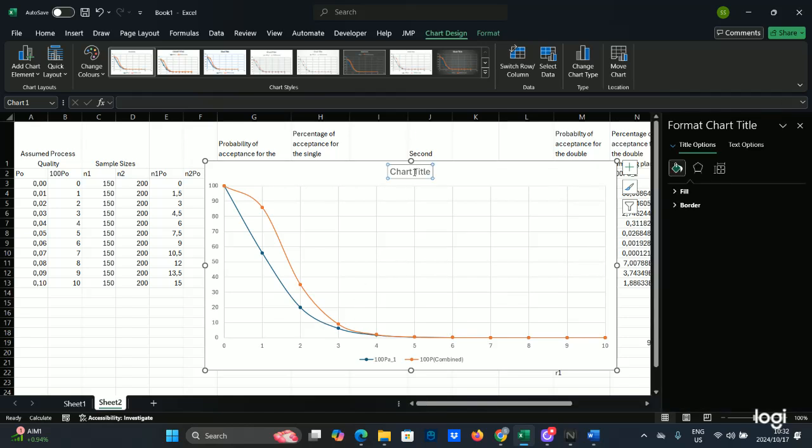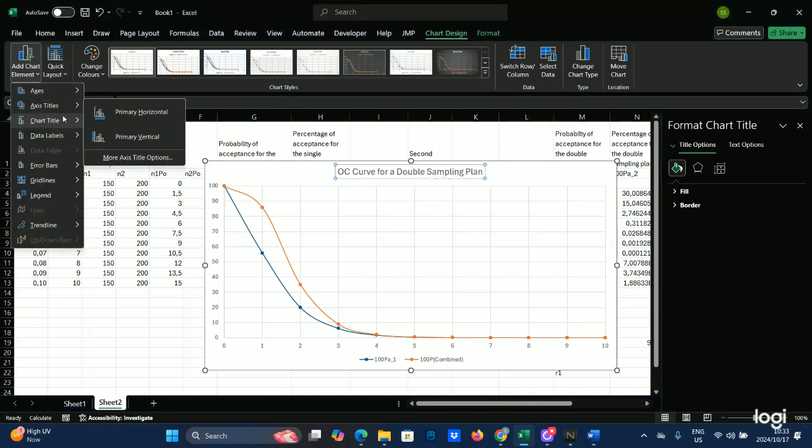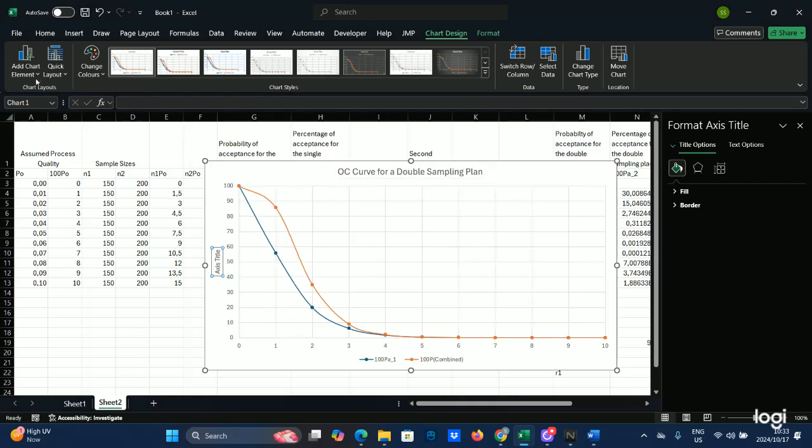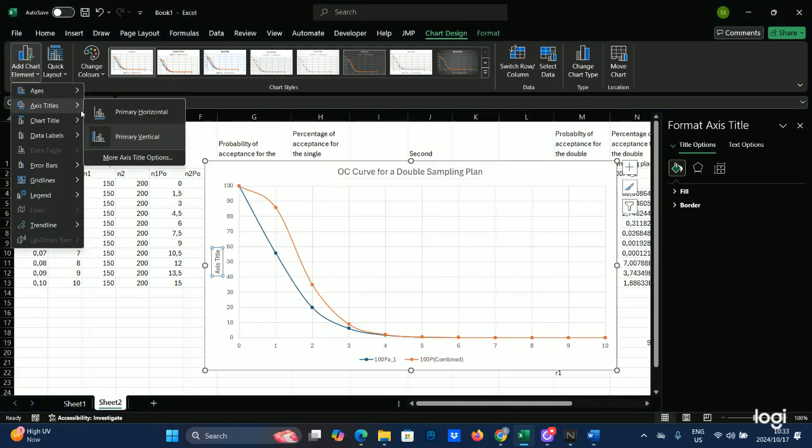So now you can label this as OC curve for a double sampling plan. And then you can label your x and y axis, right?